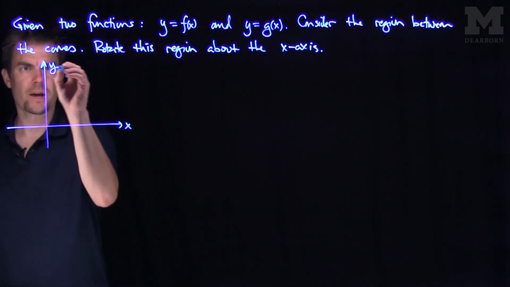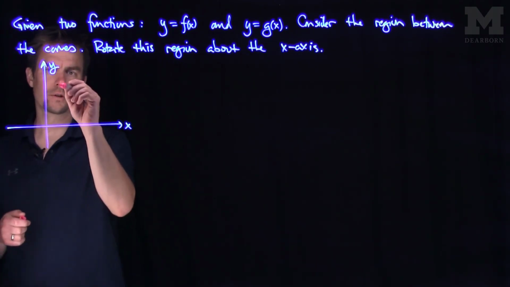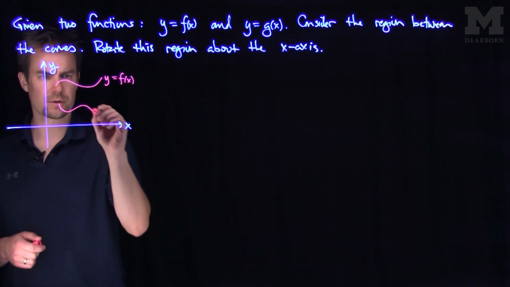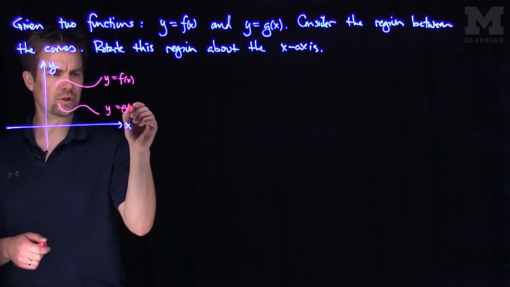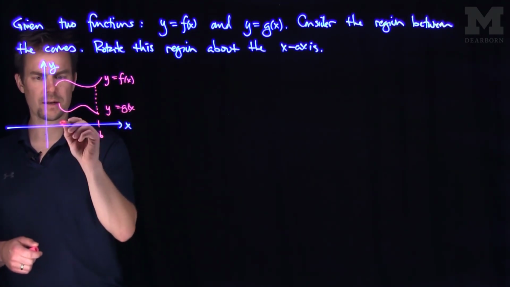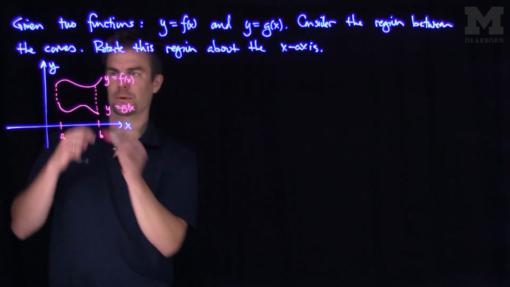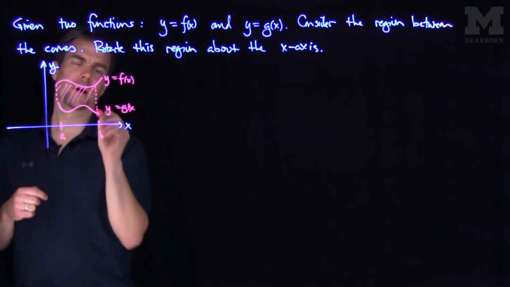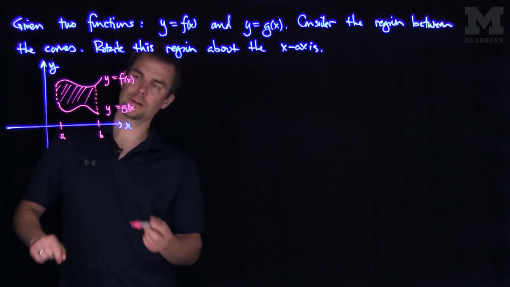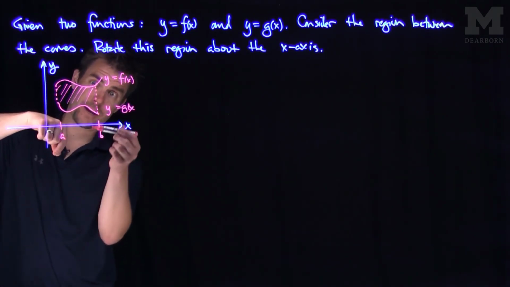Here's the x-axis, here's the y-axis. Let's draw our functions. So here's our function y equals f of x. Let's say here's our function y equals g of x. And we're going to form, say between 2 points B and A, the region when I rotate this area about the x-axis. And so what we're going to get is a region that, if we close it off, will have a shape that has an open area in it.